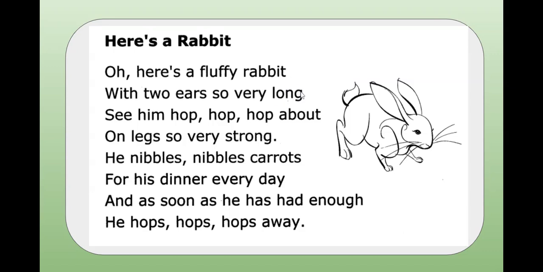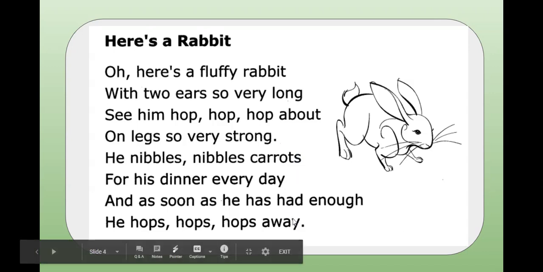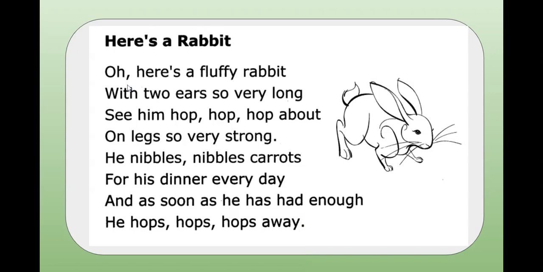Rabbit and long do not rhyme. So this time the rhyming words are long and strong. And then we have day and away. The rhyming words are in separate sentences, but you can hear the rhyming. Let's say it one more time.